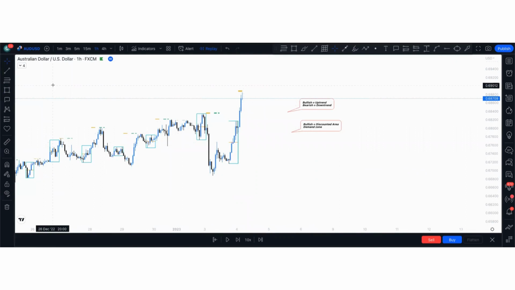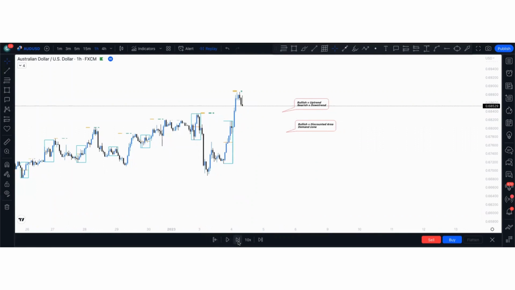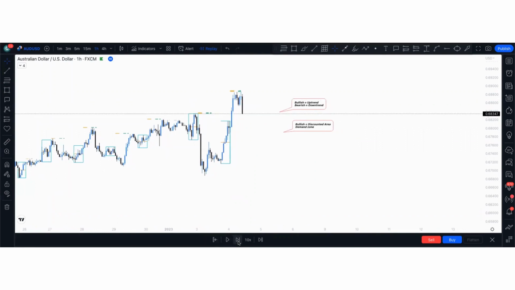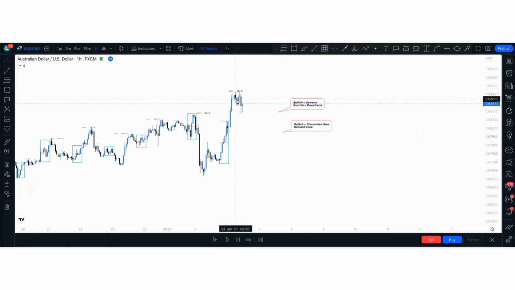So let me try to check if it's going to pull back. Okay, the price has a bearish momentum in the lower time frame. So if the price makes that move, I try to get the equilibrium, or the 50% of that move, this bullish move, and identify.